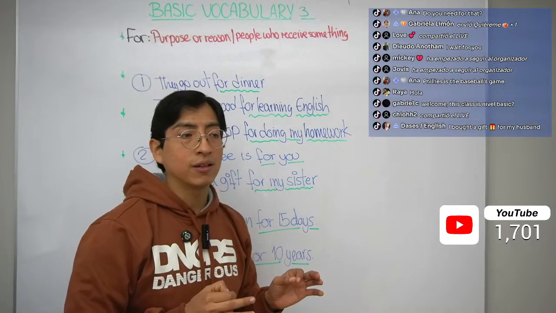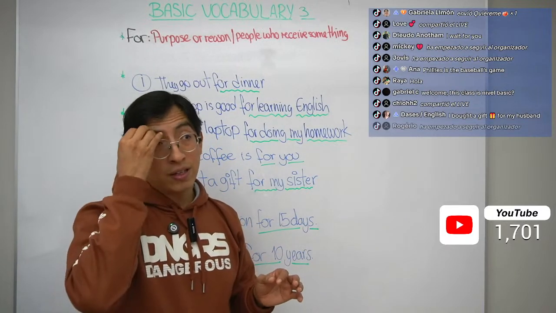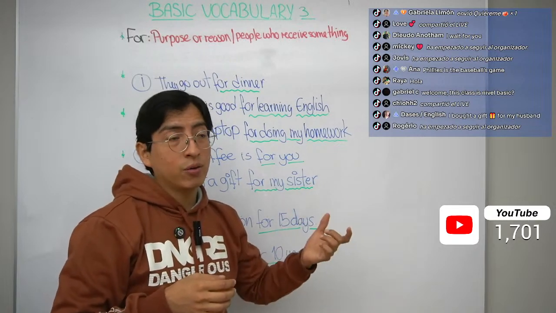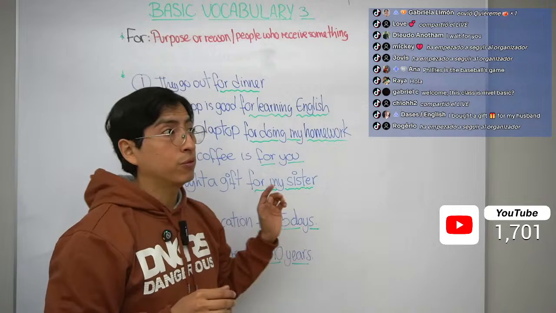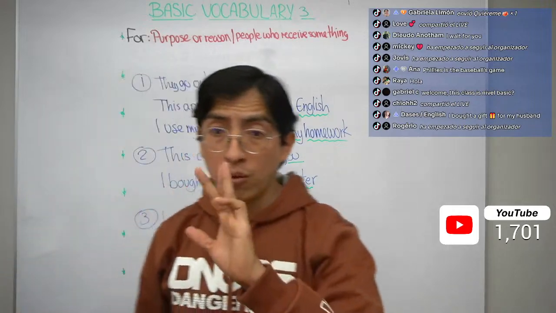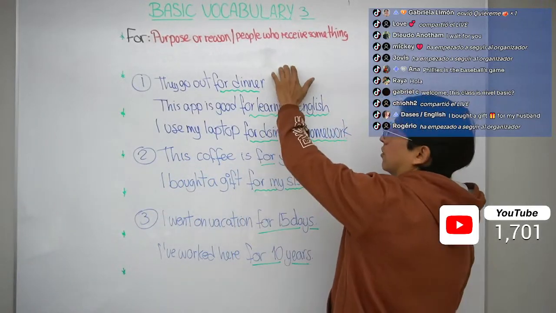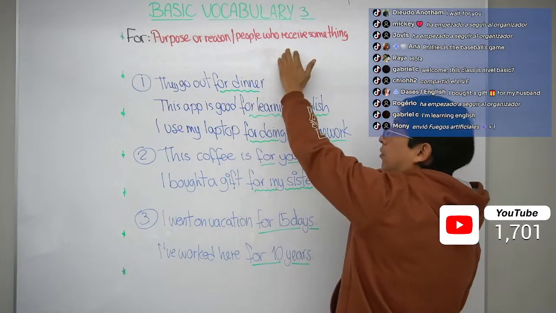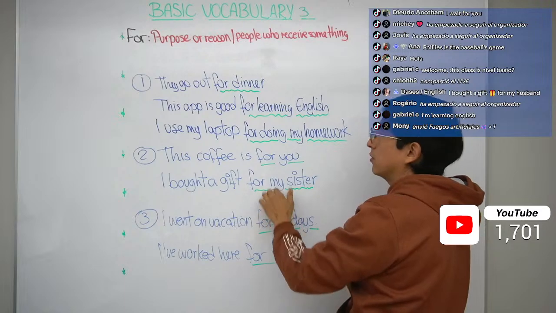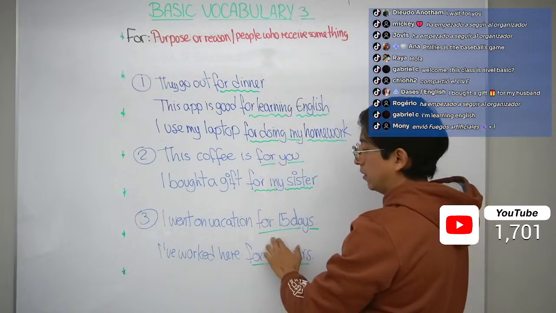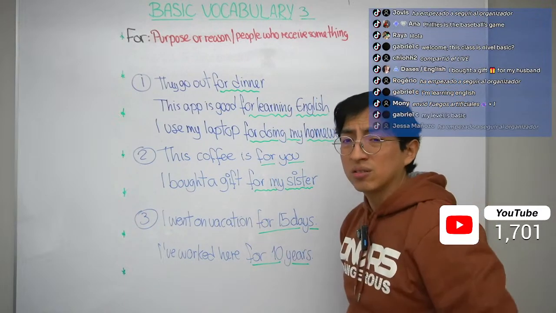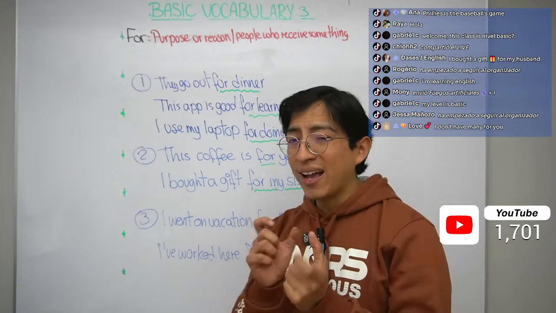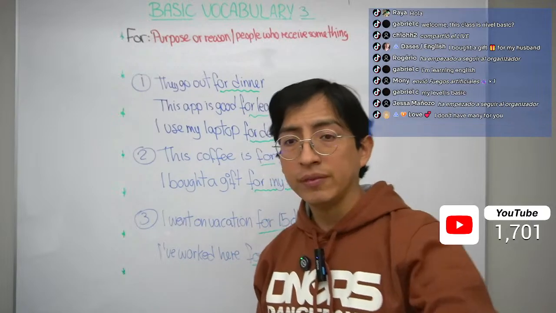But if you say for means this in Spanish or in my language, that's not enough, because for has different functions. We talked about three functions here, okay? Purpose or reason, these three examples; people who receive something, these two examples; and period of time, these two examples here. Try not to translate these because for has different functions.